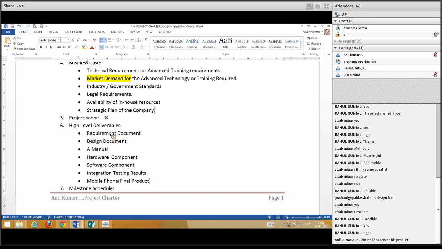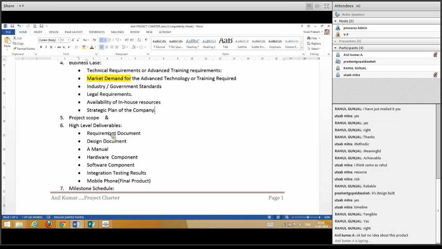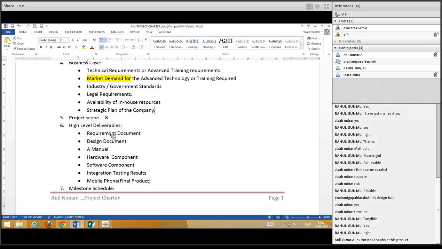You might have thought of launching the mobile phone in a high end segment, maybe specific for students, maybe specific for villagers. You can take any segment and say, okay, this is the mobile phone we want to launch, and then talk about it only.